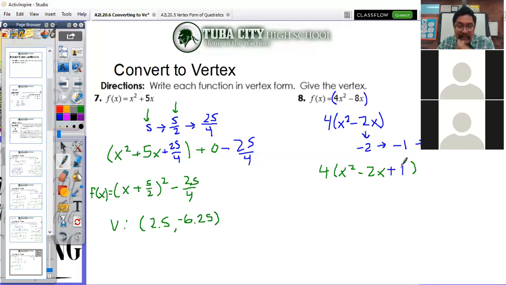And it could fool you thinking it's 1, but it's actually a 4, because if I multiply 4 times this number, it would be adding 4, not 1. So that's why I have to minus 4 to keep everything balanced. So again, to keep everything balanced, if you put something on or take something out, you got to take it back off or put it back on. So you do the opposite of whatever you just did. So in this case, again, I added 4, so I have to minus 4.